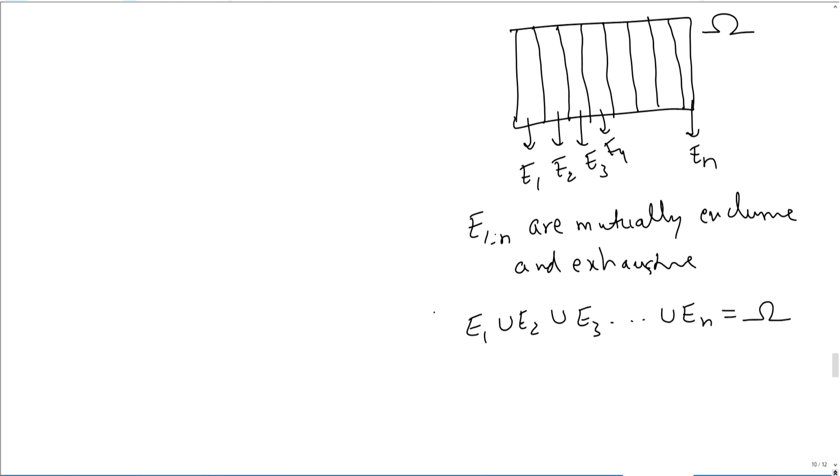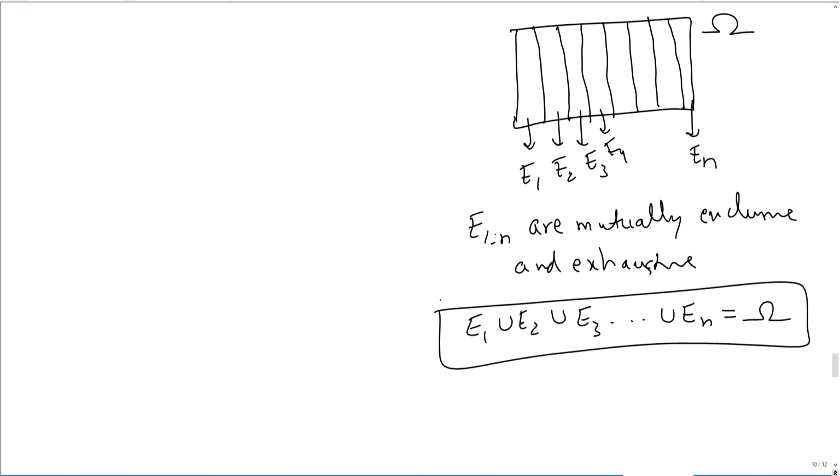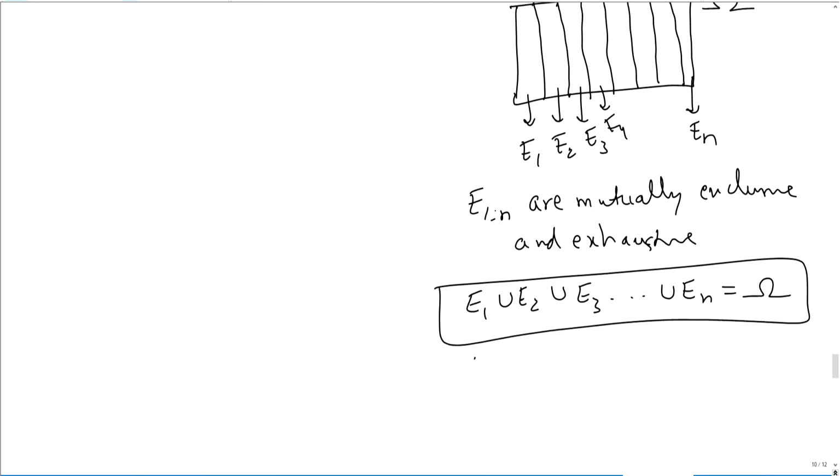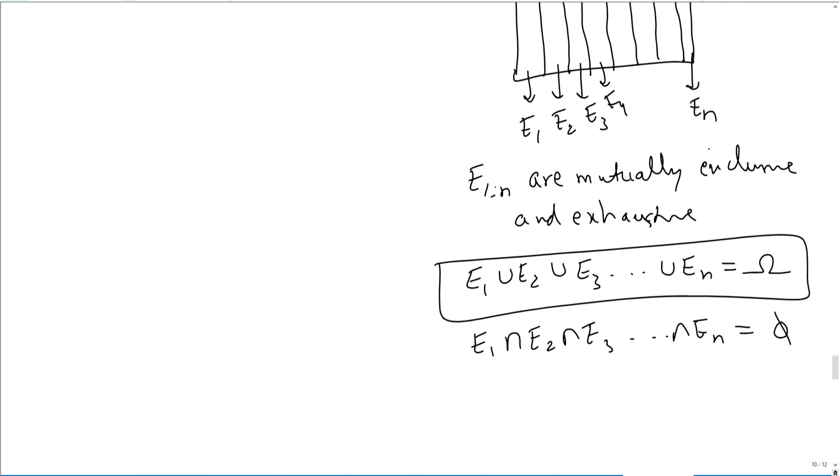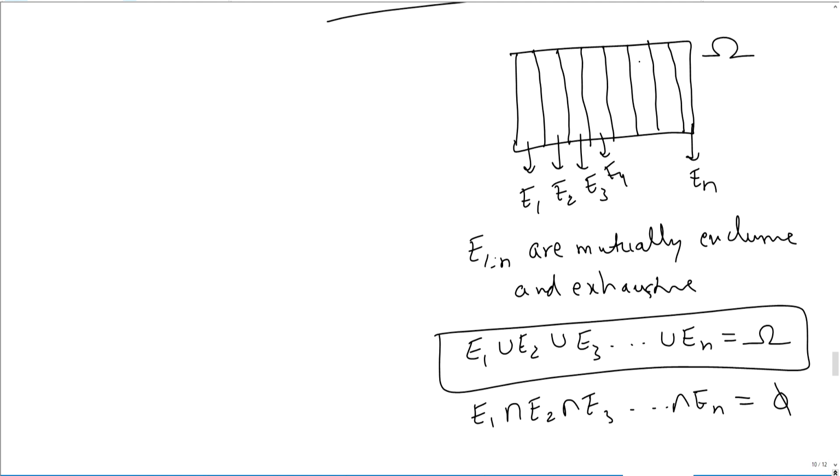This is called the exhaustive property. So all these events are exhaustive as well as mutually exclusive. For events E1 to En which are mutually exclusive and exhaustive, I have divided this rectangle into these strips. If this is the case, and you have another event B here, this is event B.